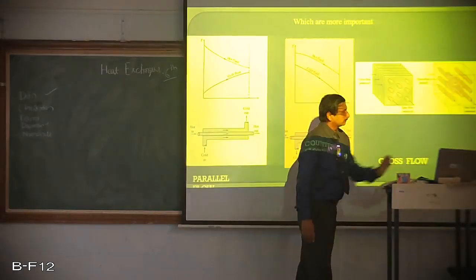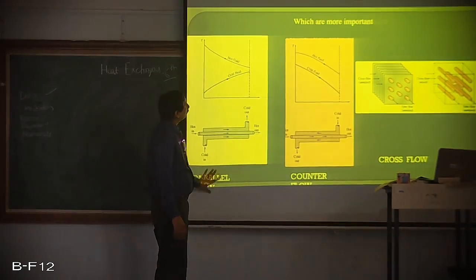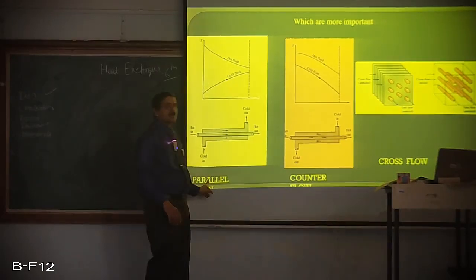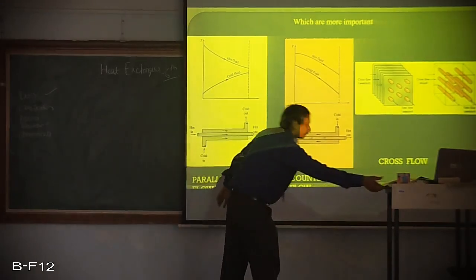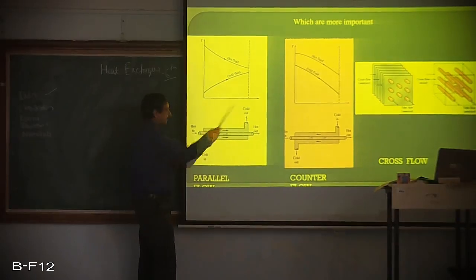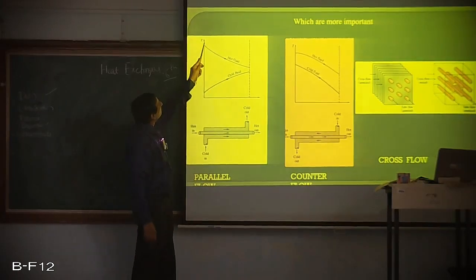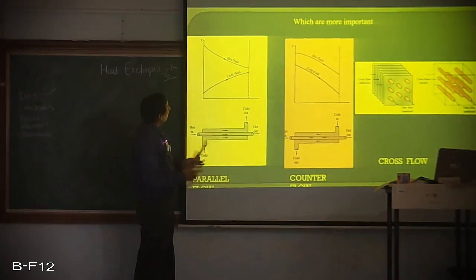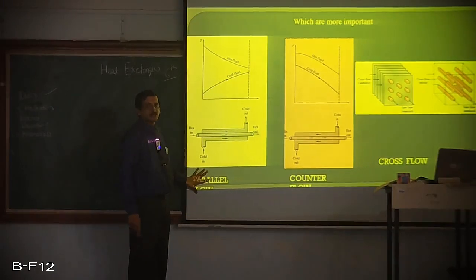Okay, fine. So now the most important, or rather mostly used, first one is the parallel flow. Let it be a single tube, multi-tube, whatever, but the flow arrangement or flow direction is very important. If you see here, the cold fluid is going in from this one and exiting by this one, whereas the hot fluid is going inside the tube. The hot fluid is being cooled and the cold fluid is being heated. Since they are moving in the same direction, that is what we call a parallel flow.